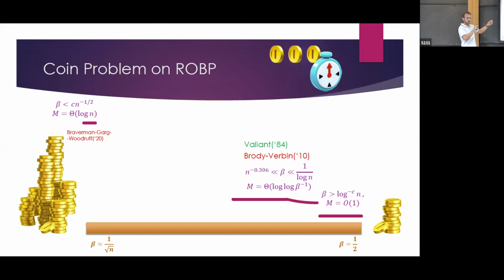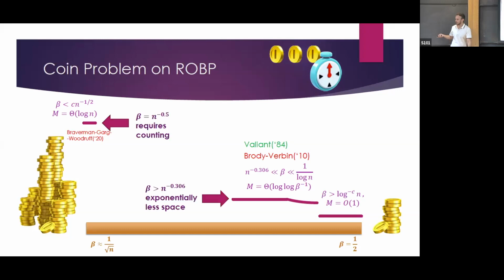If I want to solve the coin problem where beta is almost the standard deviation, I need to be able to do majority, and then I need to be able to count. Then I need this logarithmic number of bits. And then the question is, what's happening in between?